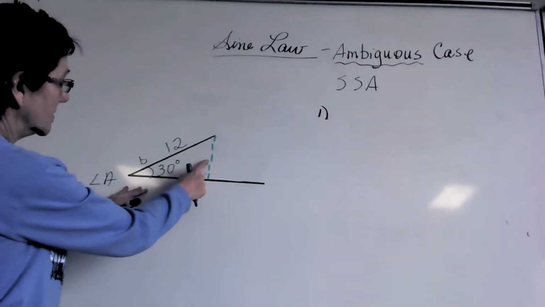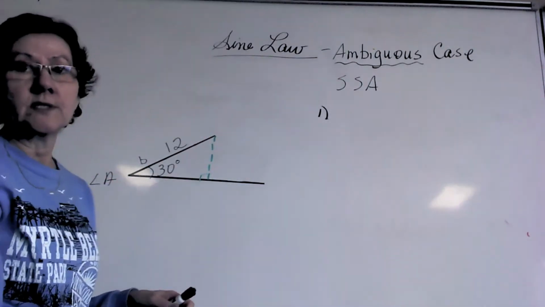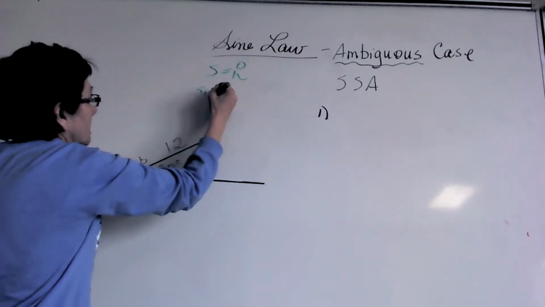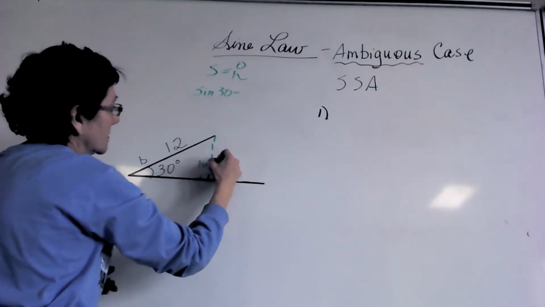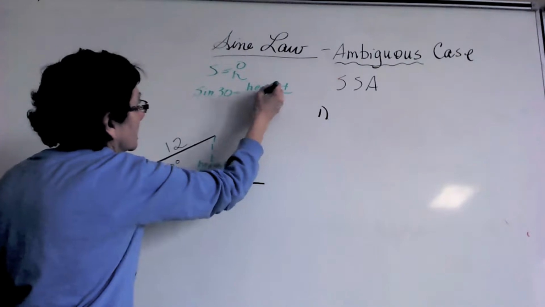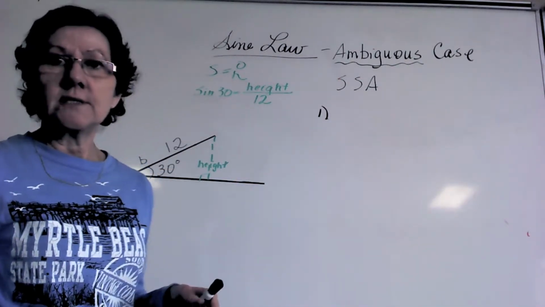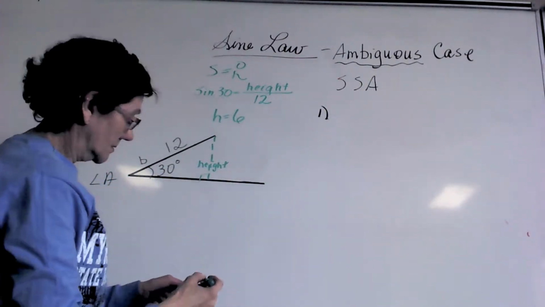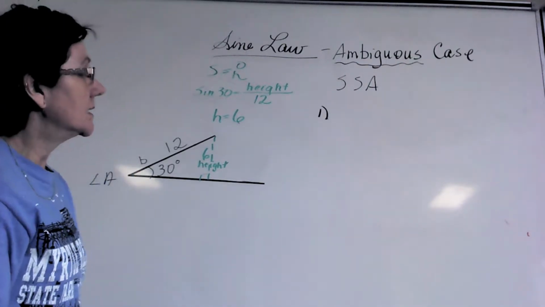Sine is opposite over hypotenuse. So sine of 30 equals opposite, which we're going to call height, over 12. If you do the calculations, you're going to see that H equals 6. So we have 6 units of measure for our height.